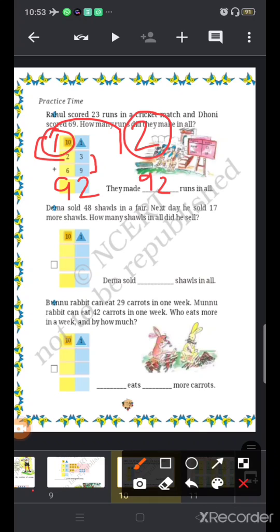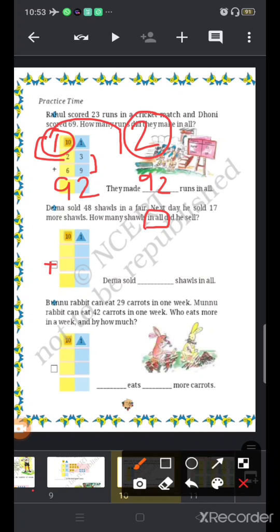Again, what is given here? In all. So in all means this is the word problem of addition. Correct? Okay. So first here we'll put the sign of addition. Now what number is given?